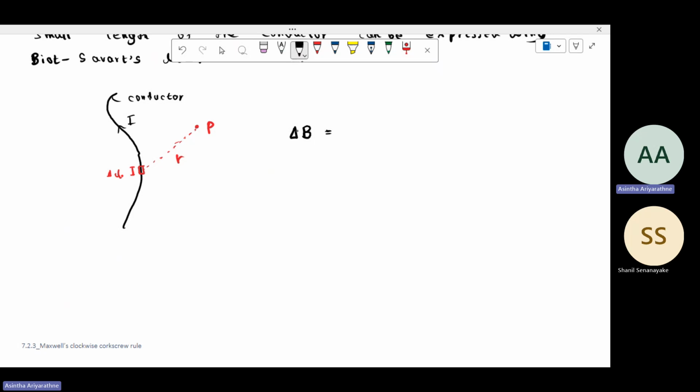Therefore, I will use delta B, an infinitely small amount of magnetic flux density due to that delta L length.